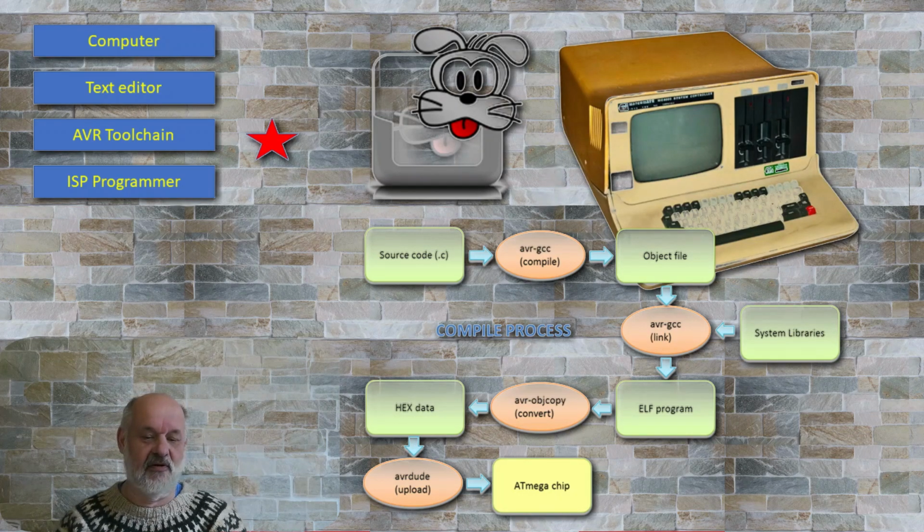It consists of a librarian, which you are going to need if you are creating your own libraries. It consists of the actual compiler, which compiles your source code for the target platform, which in this case is the AVR 8-bit microcontroller.